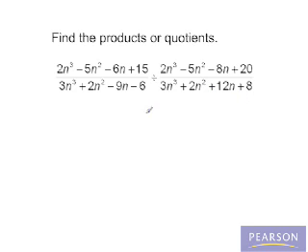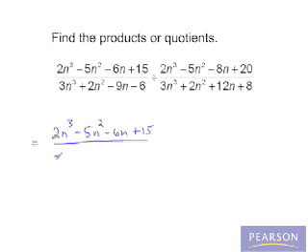We'll begin by changing this problem into a multiplication problem. So we're going to multiply by the reciprocal of the second fraction. Therefore, the first fraction will stay as is. We have (2n^3 - 5n^2 - 6n + 15) all over (3n^3 + 2n^2 - 9n - 6) times the reciprocal of the second fraction.